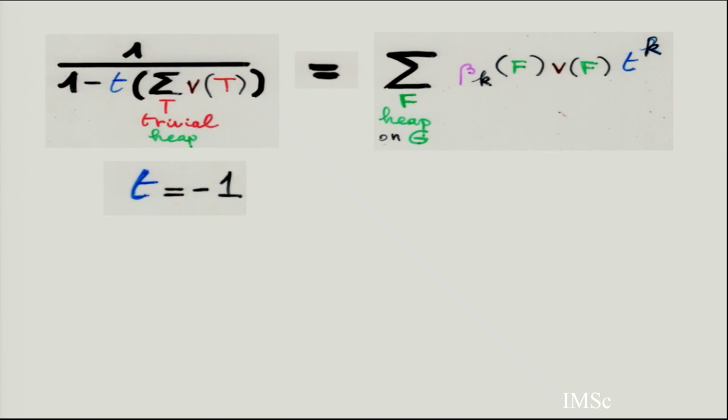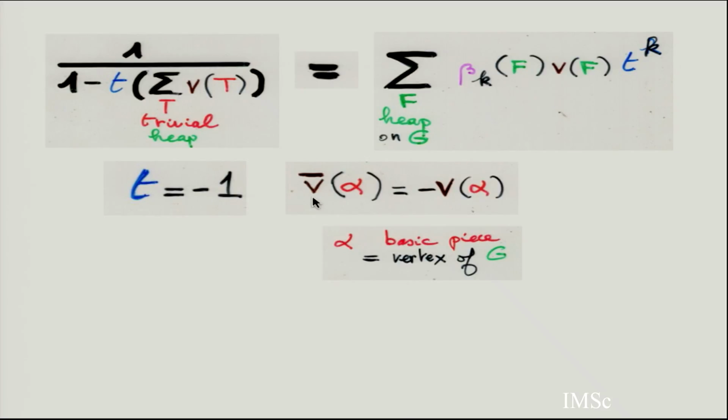Now if I put t equal minus 1, this is what I have to do to get the value of the chromatic polynomial for t equal minus 1. And it would be more beautiful for trivial heaps when I have the inverse of trivial heaps. For the inversion theorem, 1 over d, it would be beautiful to have the alternating generating function of trivial heaps, to have some minus 1 inside. So let's do the change of valuation, v bar equal minus v.